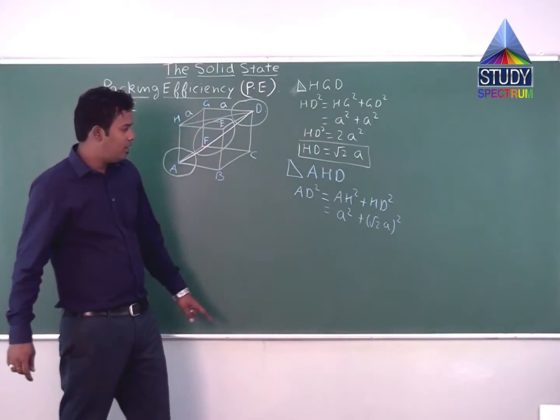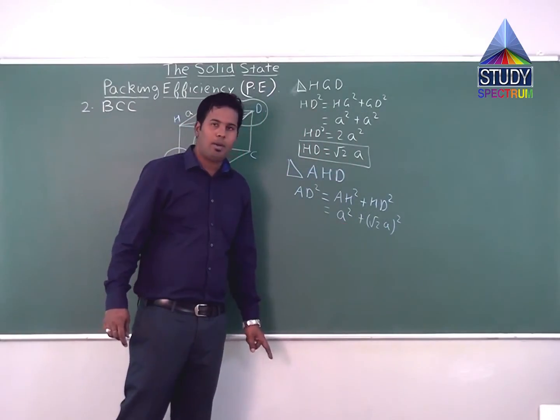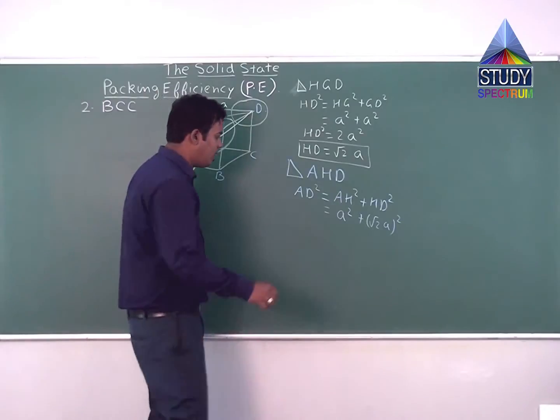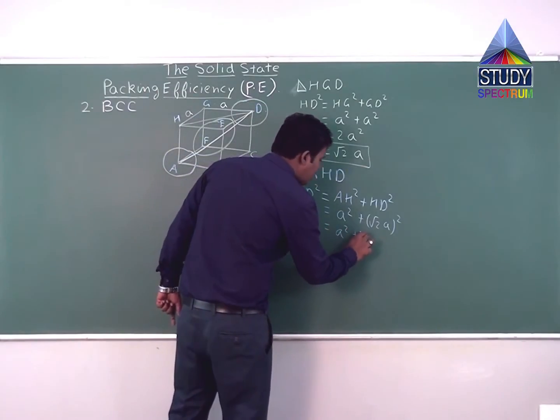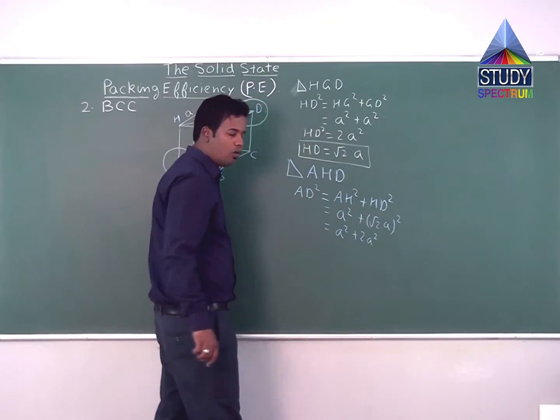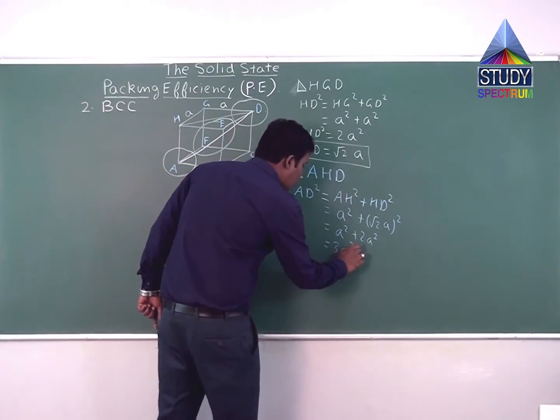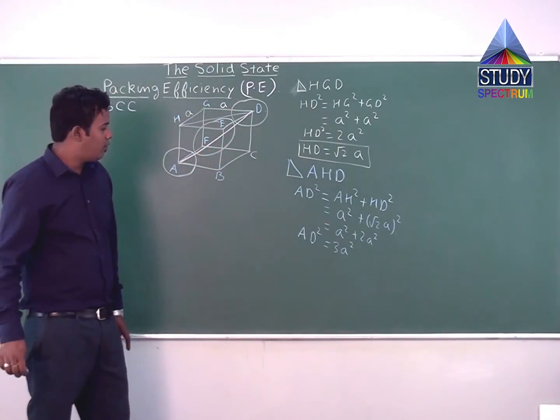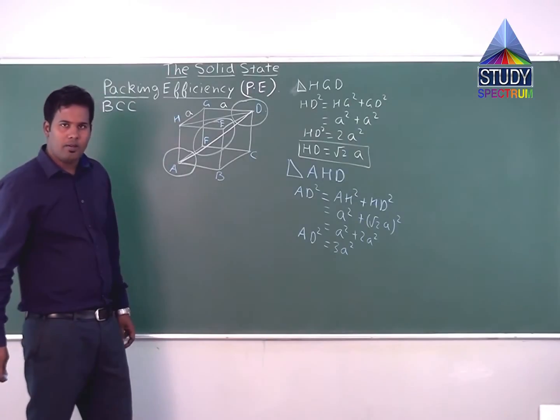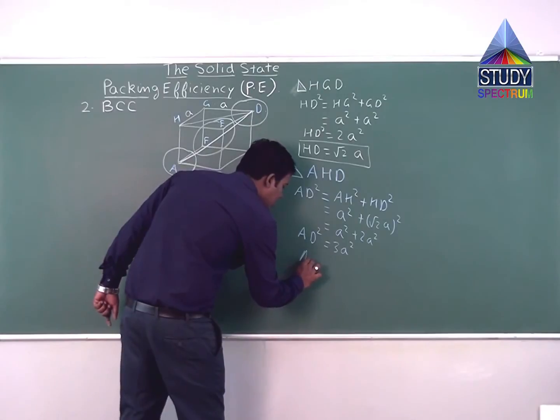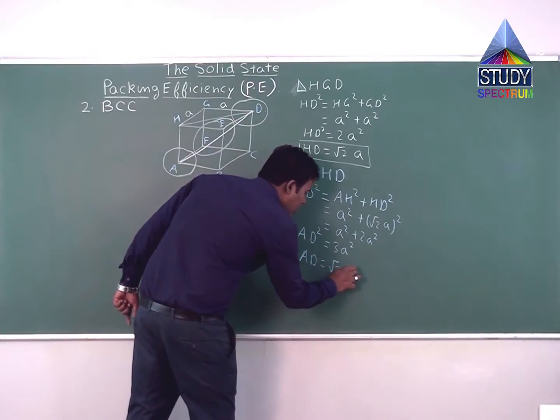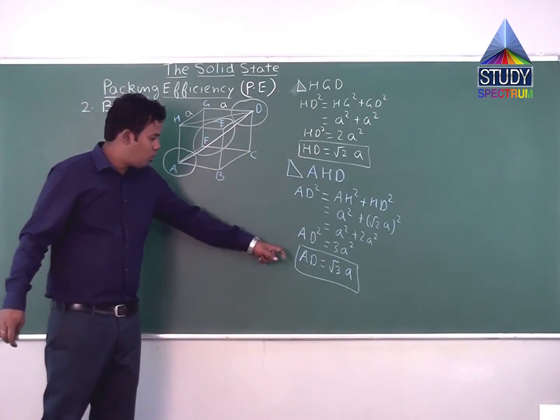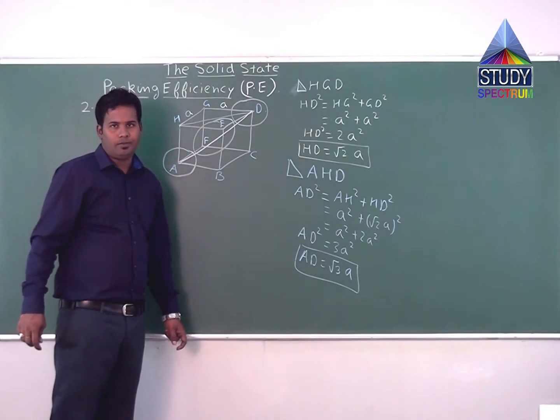If I open this bracket, the square of root 2 becomes root 2 into root 2, that is 2, and a square. So it becomes a square plus 2a square. Now a square plus 2a square means 3a square. So finally the body diagonal AD square, one of the body diagonals rather, is 3a square. If I take the root of this equation, then AD becomes simply root 3 a. a will come out of the root because it is squared and 3 will be inside the root. So the body diagonal AD is now root 3 a.